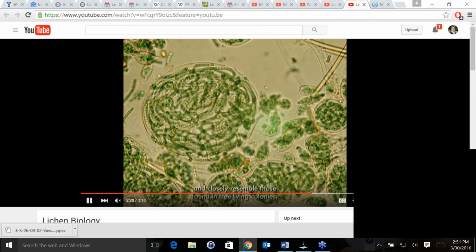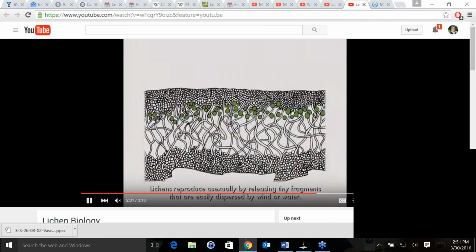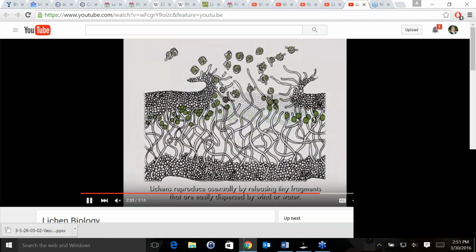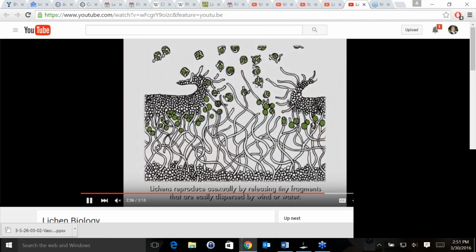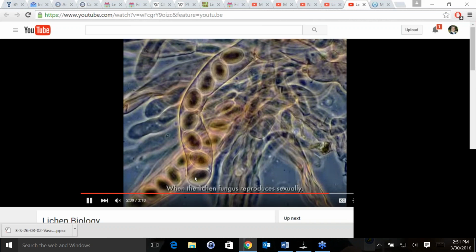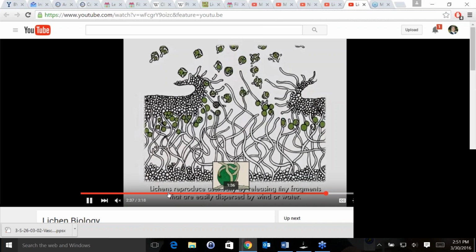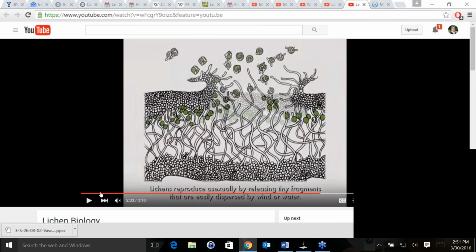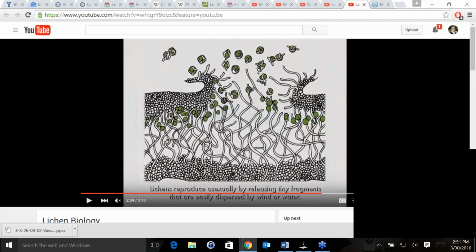When the lichen reproduces, it kind of just explodes and sends very small fragments that can be carried by the wind or water to other places. It sends these very small fragments of the fungus together with one or two cyanobacteria or cells of the alga.